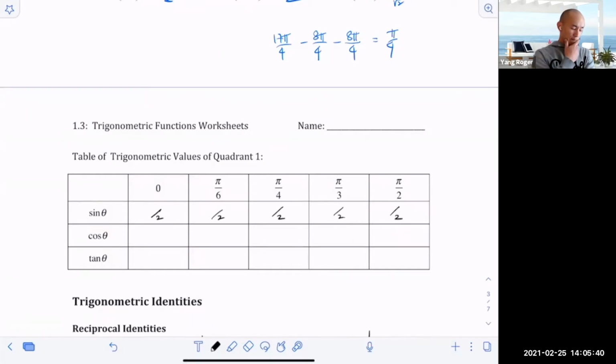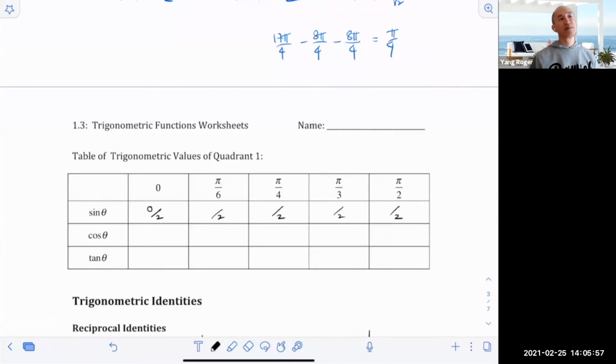And then what I'm going to do is the numerators all have these very special numbers. And all I'm going to do is write the numbers from low to high. So the first special number we have is 0, right? So I put a 0 here. Then the next biggest number I have is 1. So I put a 1 here. Then the next biggest number I have is rad 2.